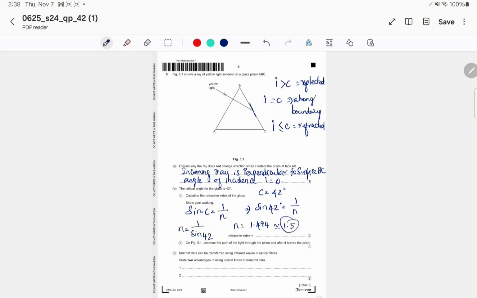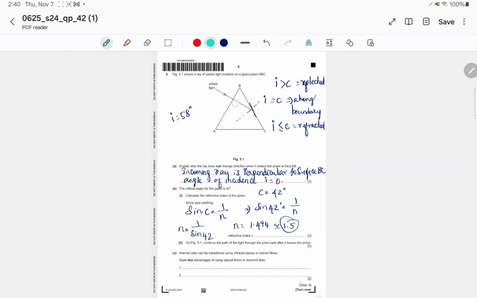For our condition, 58 degrees is given. The angle of incidence we have to calculate. When it gets reflected, this is the angle of incidence, measured to the perpendicular, which I am marking here with a different color.